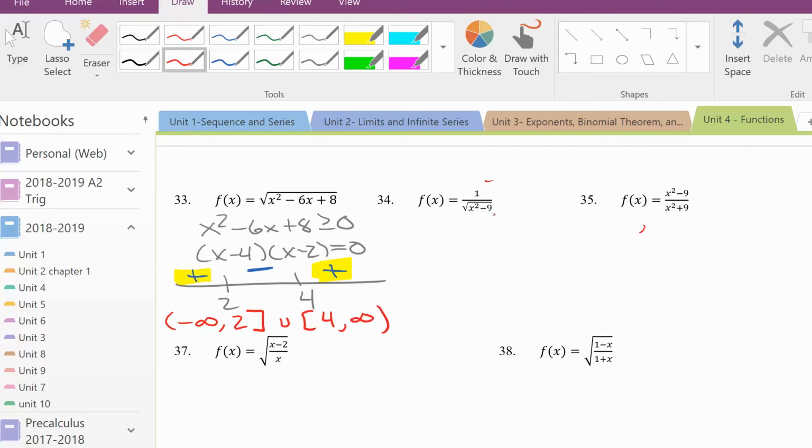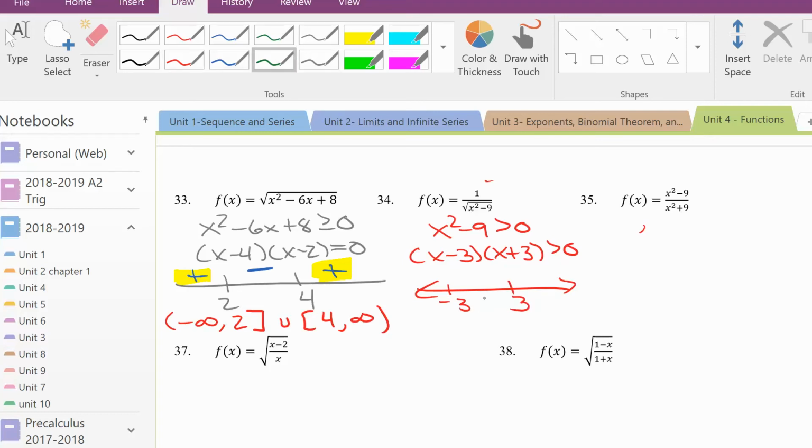Here, once again, it's going to be greater than 0. So x minus 3, x plus 3. So -3 and 3. -4, if you plug in, you get positive. 0, you get negative. 4, you get positive.